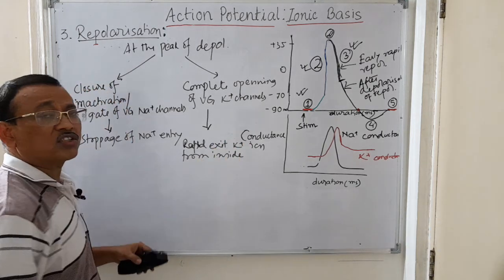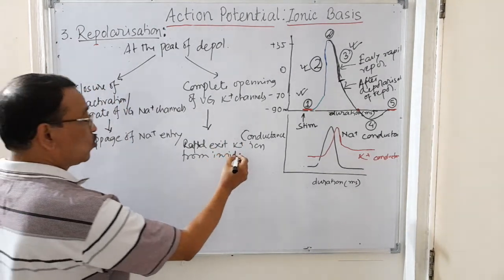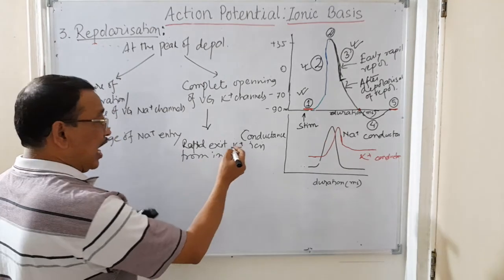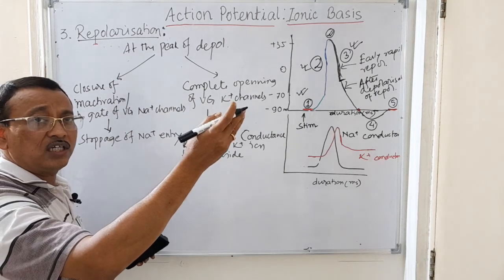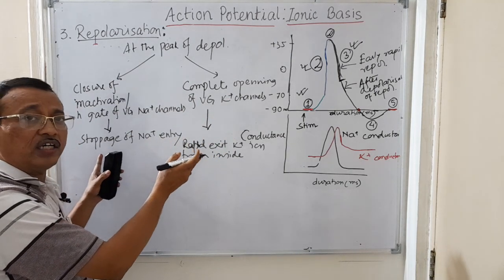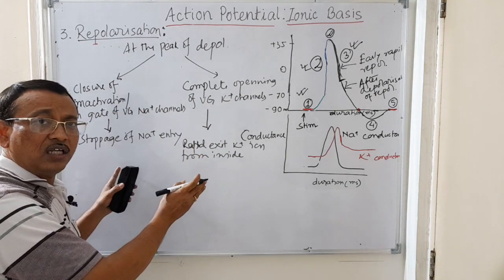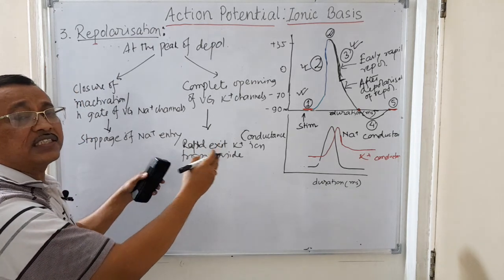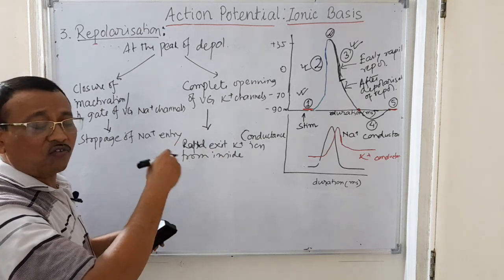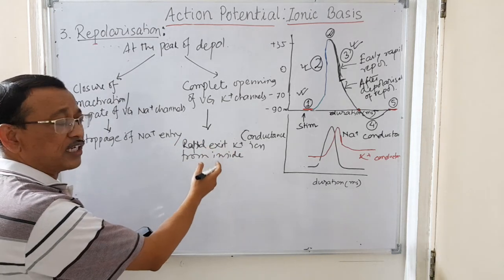And as the potassium ions are going out, sodium ion entry is already blocked. Now the potassium efflux is taking place.